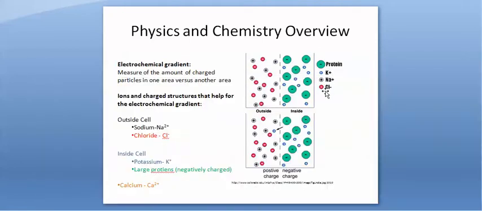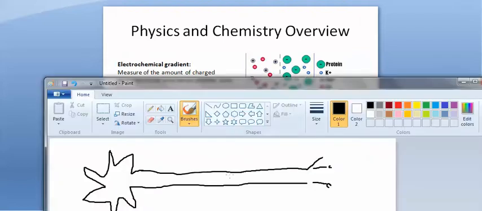So when you look at this picture here, this is inside the cell, this is outside the cell, okay? So if you look here, this is inside the cell. Okay, so here are our negatively charged proteins. I'm just going to put a negative there. Negative, negative.